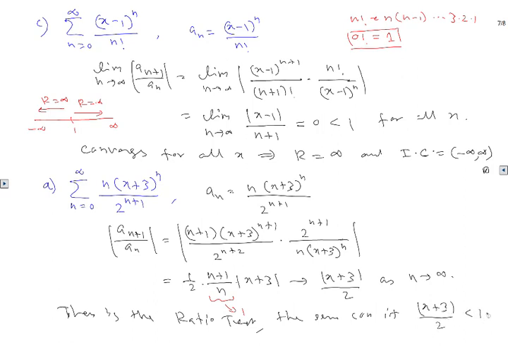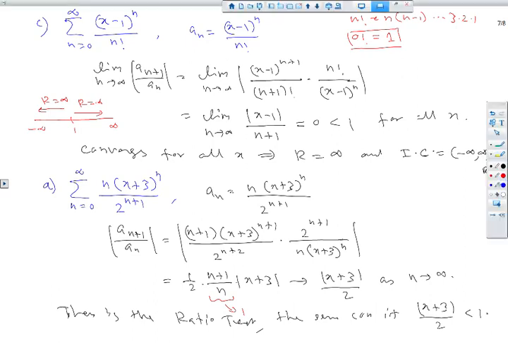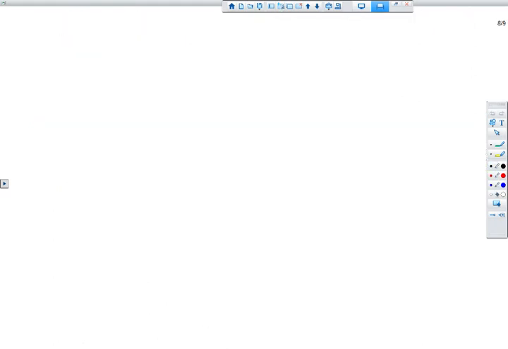Now we can solve for x. So what is the r here? You have to multiply by the 2. So x plus 3 over 2 less than 1. That means if you multiply by 2 on both sides, absolute value of x plus 3 is less than 2.